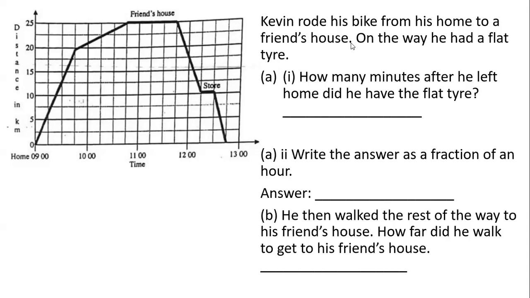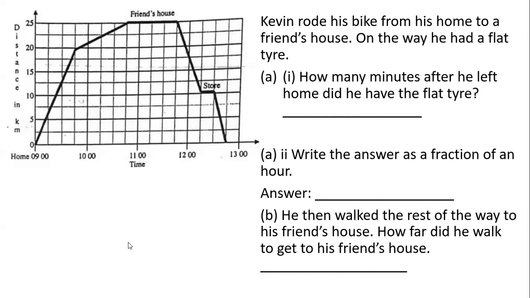Kevin rode his bike from his house to a friend's house. On the way, he had a flat tire. A. How many minutes after he left home did he have the flat tire? Write the answer as a fraction of an hour. B. He then walked the rest of the way to his friend's house. How far did he walk to get to his friend's house? Very good.